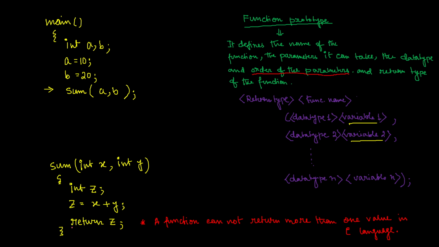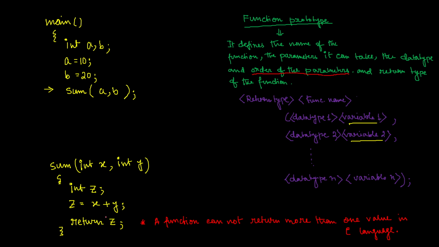And as soon as this return z executes, the compiler will realize that the function has to return from where it was called. And what does it have to return? It has to return the value present in z.